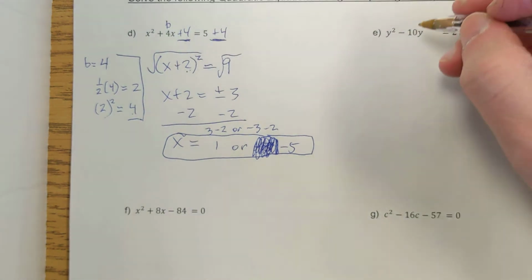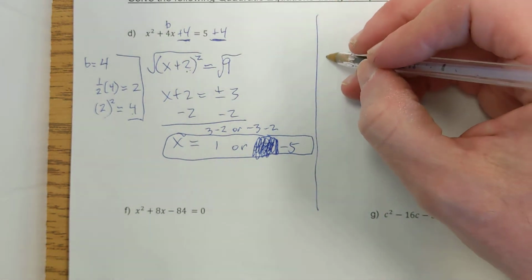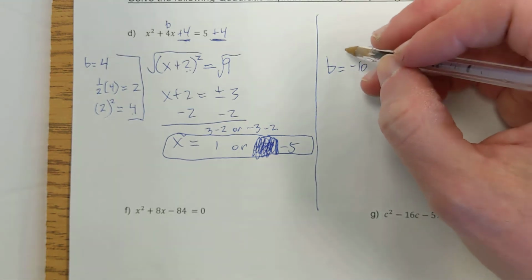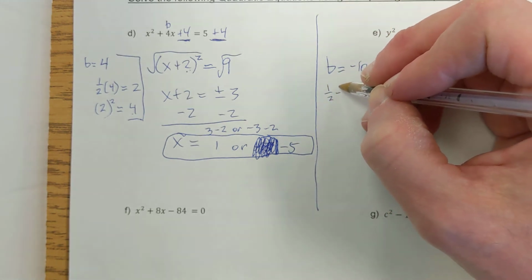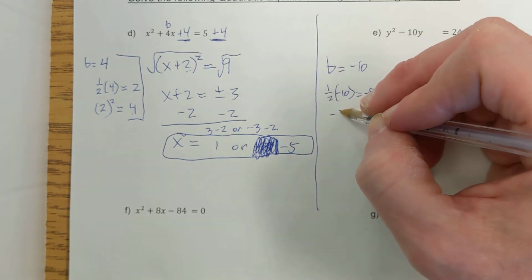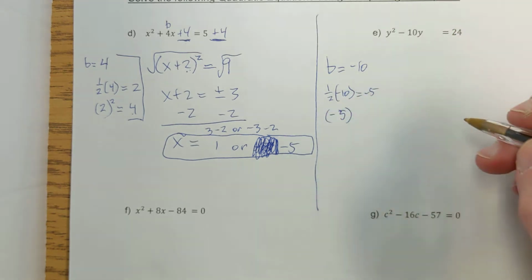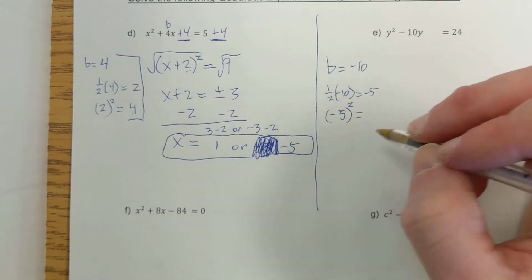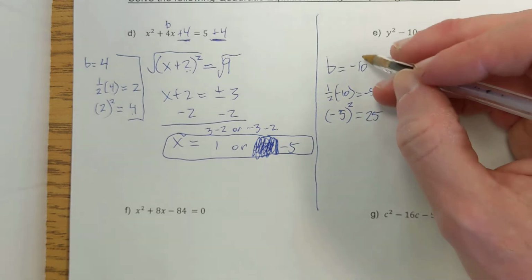Okay, let's go to this one. So here we go. B is negative 10. Now be careful. This is the first one we've had with a negative. Half of negative 10, we're going to get negative 5. And then using parentheses, on your calculator, you want to do parentheses negative 5, because it should be negative times a negative for a positive 25.